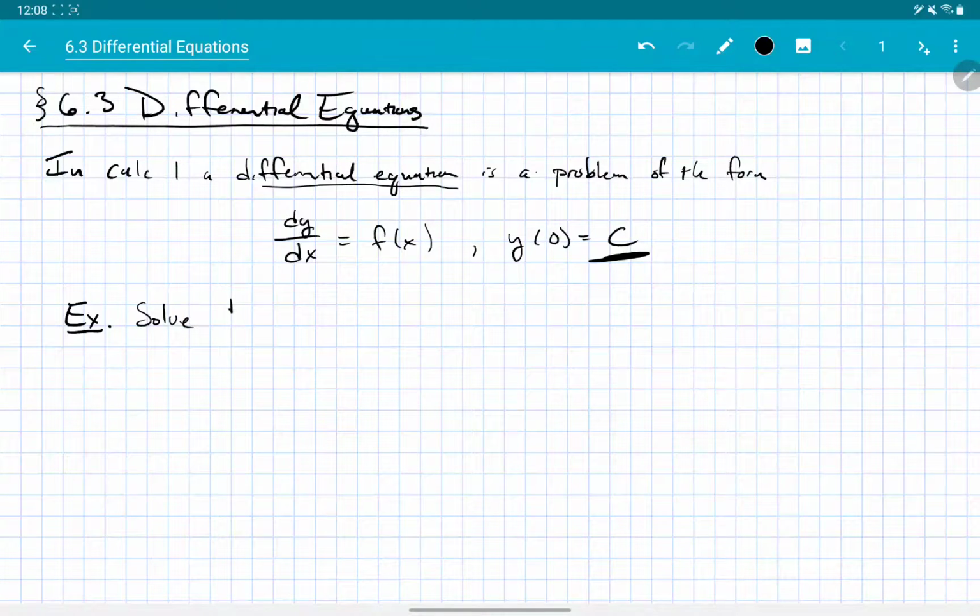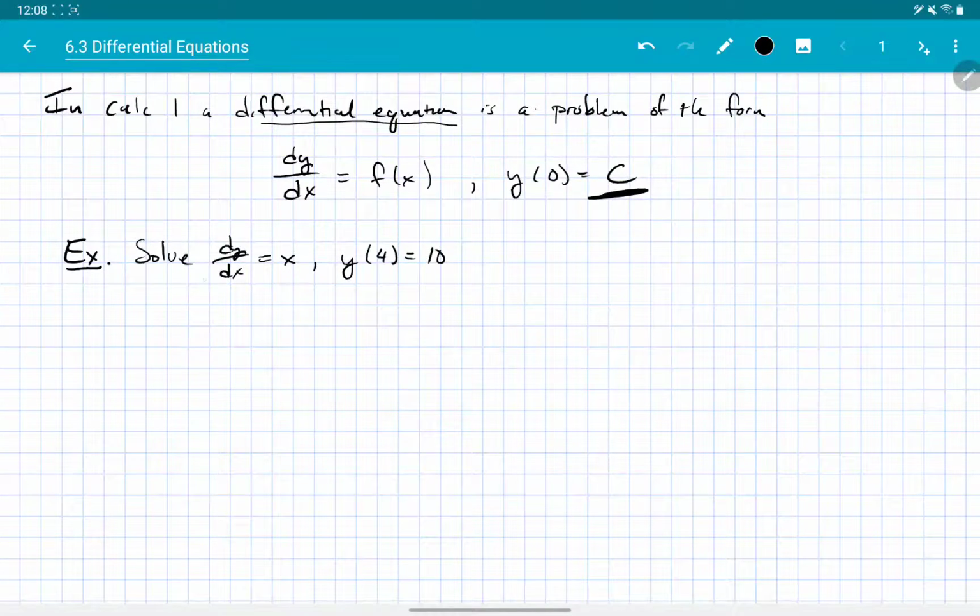Let's solve dy over dx is equal to x, where y of 4 is equal to 10. So dy over dx equals x means y must be 1/2 x squared plus a constant, due to taking the antiderivative. But which constant is now specifically mandated by this situation?